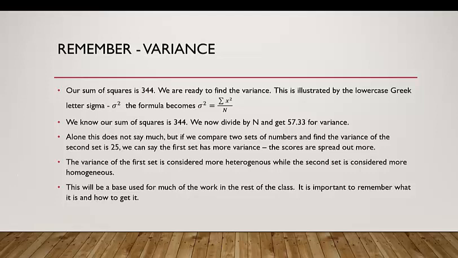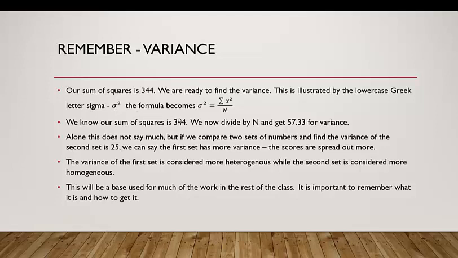And once we do that, we find our variance. So if our sum of squares is 344, and we divide by capital N, we get 57.33 for our variance. And remember, variance is sigma squared.